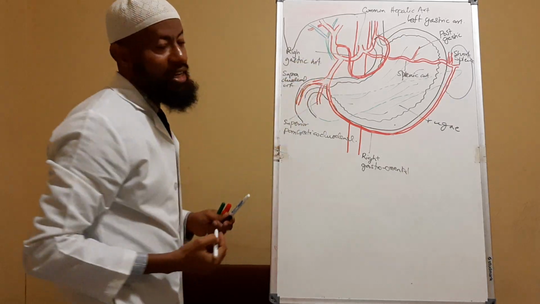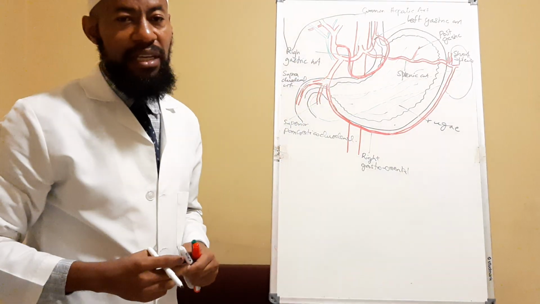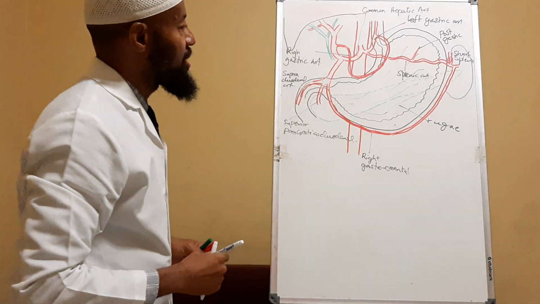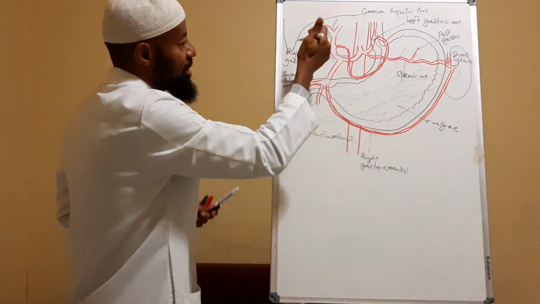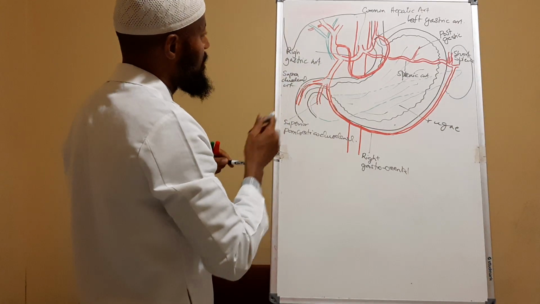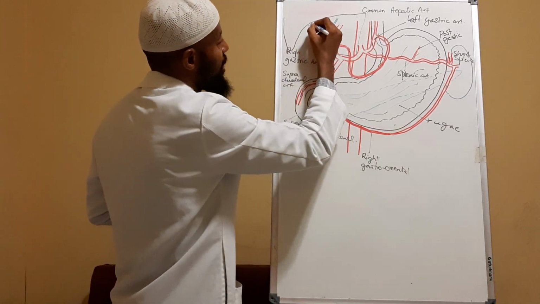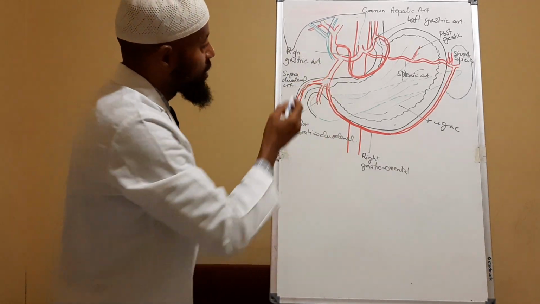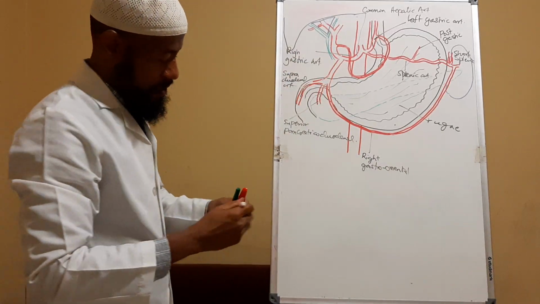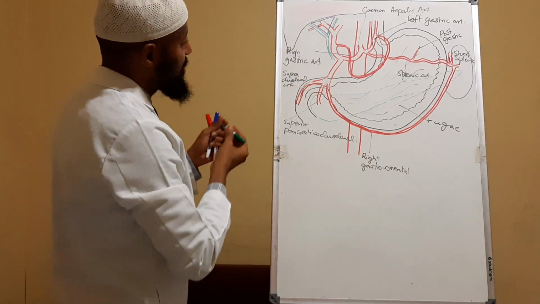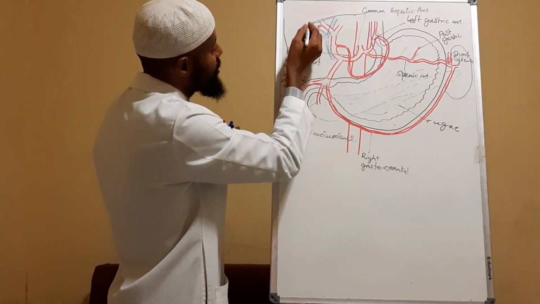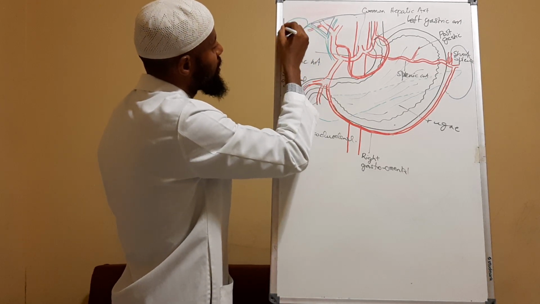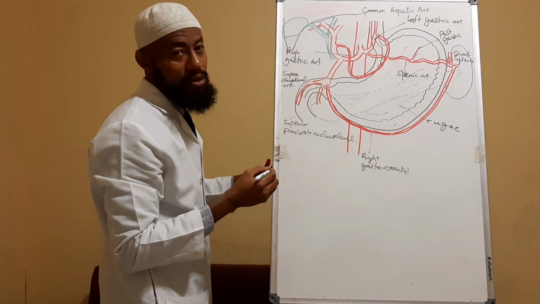Medially, it is formed by the common hepatic duct, and laterally it is formed by the cystic duct. This triangle, look at the triangle here, it's very important to surgeons. The cystic artery is there. The cystic duct continues all the way to become this structure here called the gallbladder.